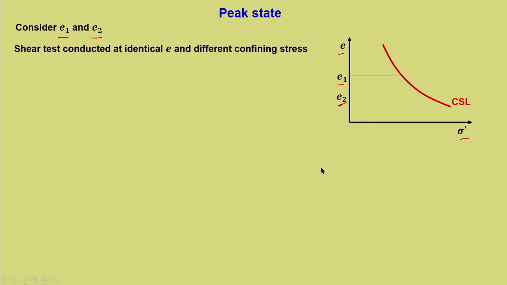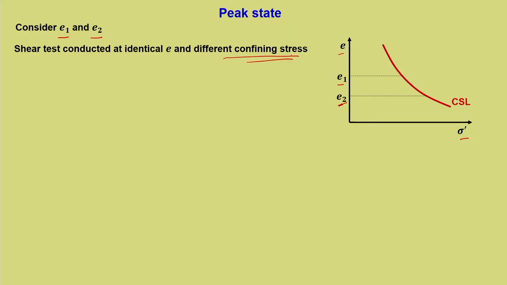Now, a shear strength test is conducted at identical e and different confining stress, and that is what we do. If we want to determine the strength of the soil, we need to have at least 3 identical samples, and these identical samples mean the initial state has to be comparable for all 3, that is, the void ratio has to be the same or the water content has to be the same in the initial state.